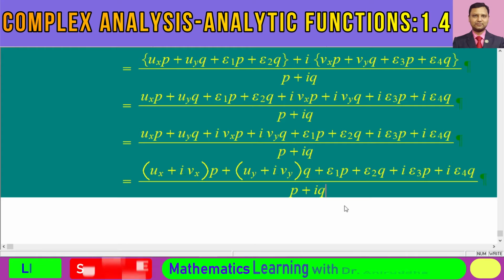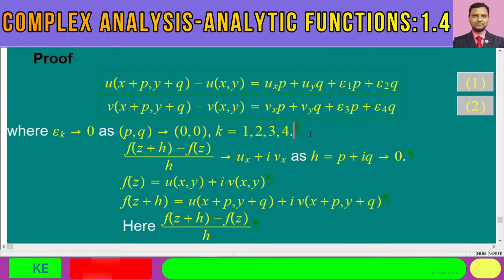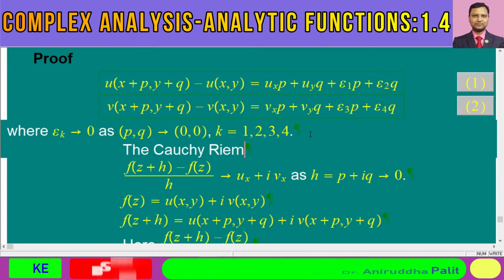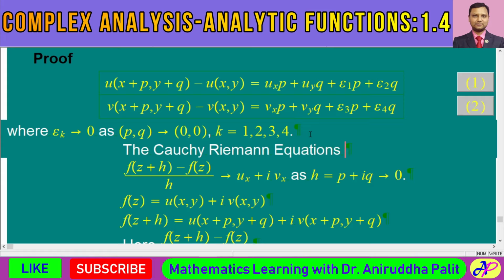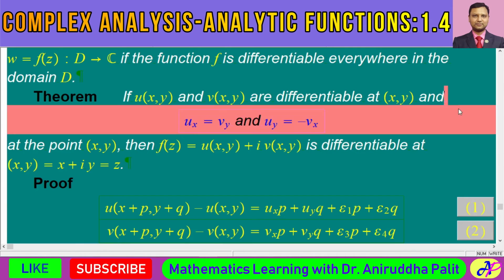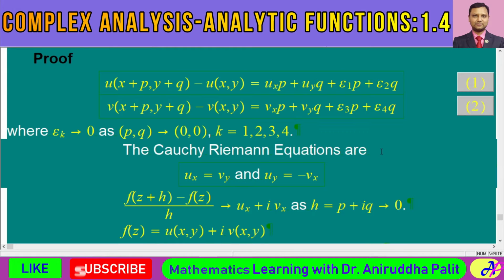We are given that both of these functions u and v satisfy the Cauchy-Riemann equations. The Cauchy-Riemann equations are these two equations: ux is equal to vy and uy is equal to minus vx.